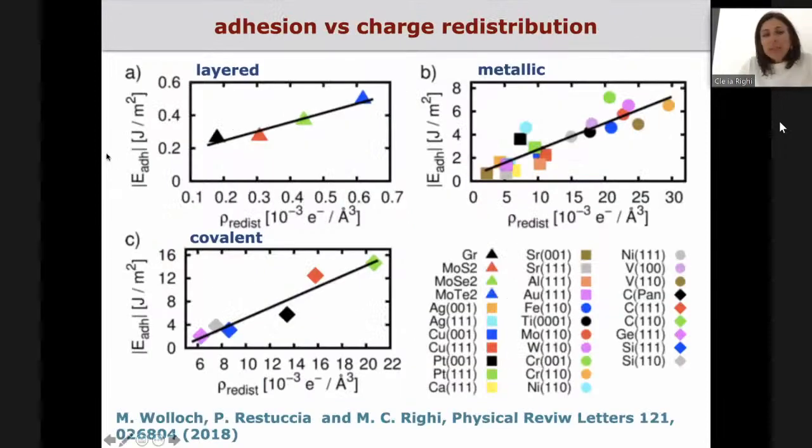And we found that the adhesion between two surfaces is linearly related to the amount of charge that is accumulated in the interface when the two surfaces are mated. And this is also true for a large number of materials, including layered, metallic, and covalent materials.